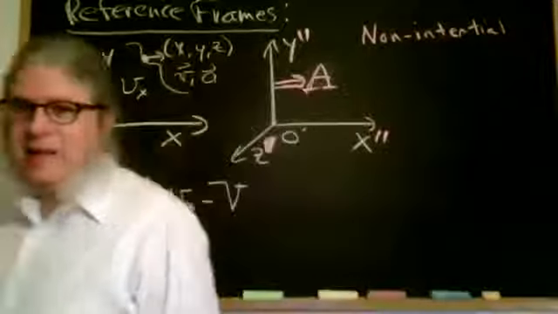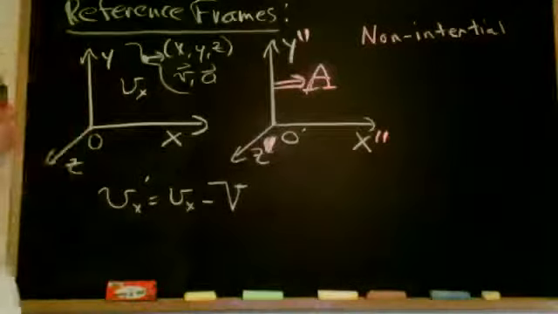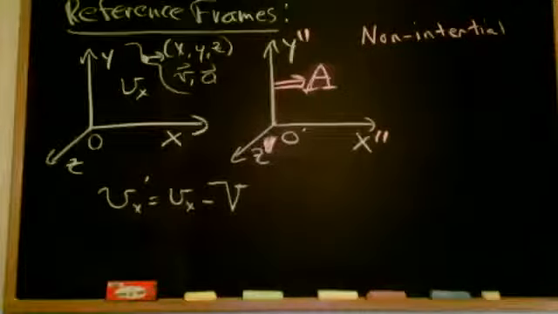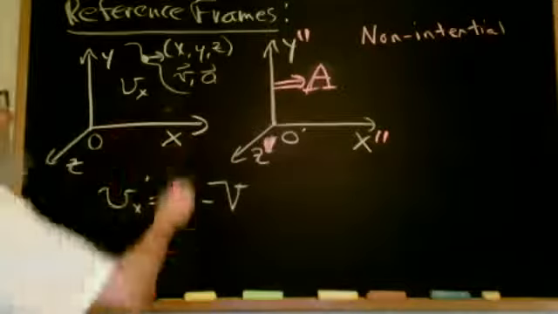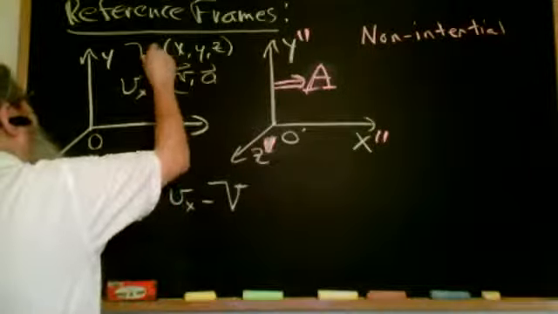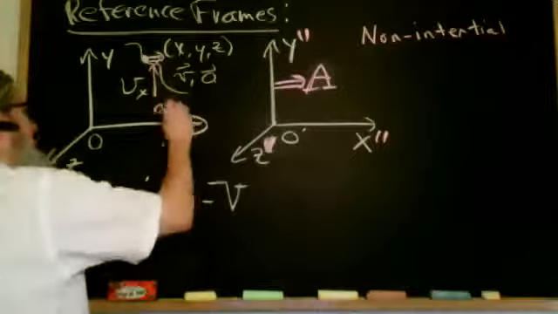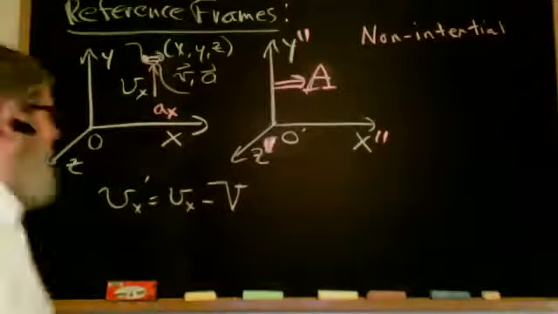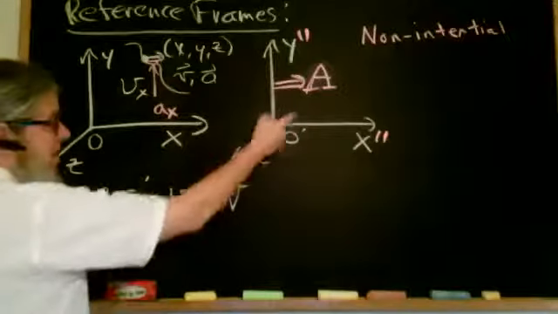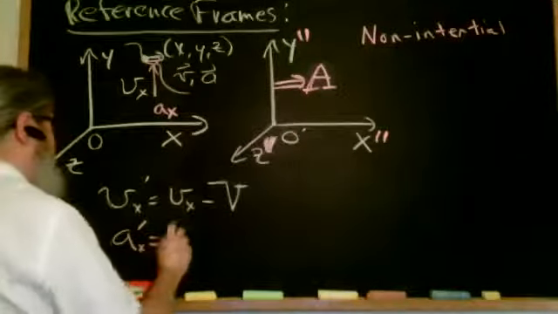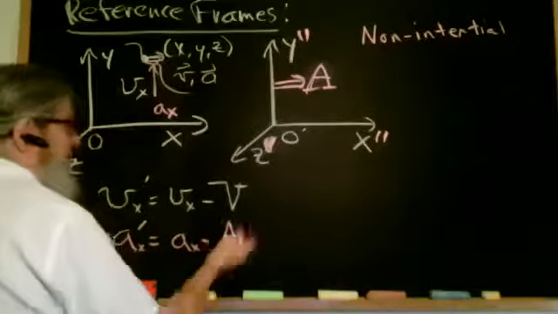Okay. What argument am I going to make? Well, again, without actually going into the details, if I have a particle that's accelerating with some given acceleration in any given component, let's say the a sub x component, then by analogy, I can argue that a sub x double prime, the acceleration measured in this frame, is equal to a sub x minus capital A, the acceleration of that frame.